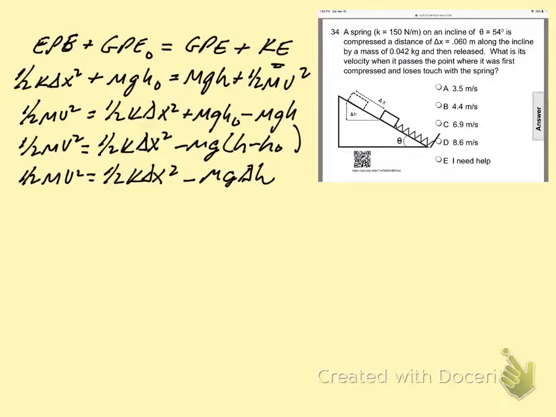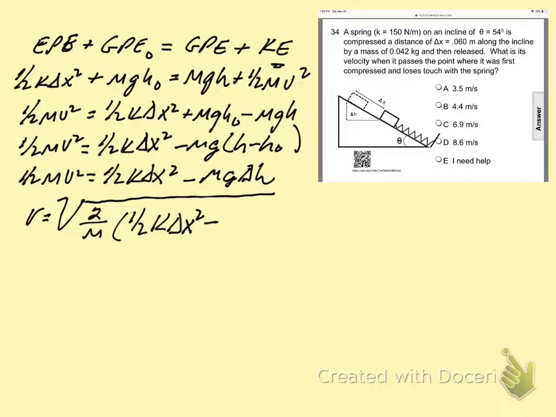To get velocity by itself, we'd have to multiply both sides by 2 and divide by m and take the square root. So we're going to have velocity equals square root of 2 over m times quantity 1/2 k delta x squared minus mg delta h.